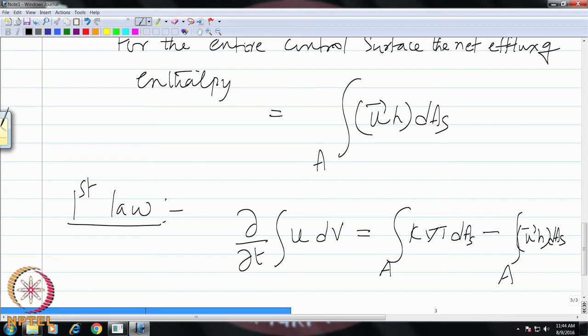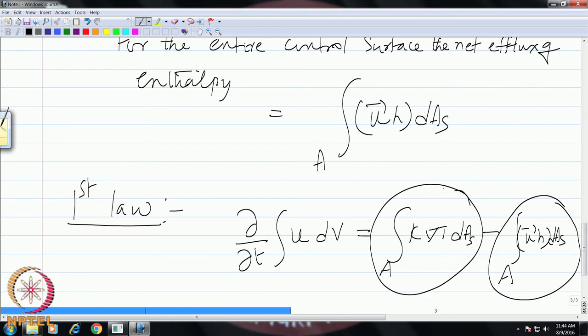This particular term is your net efflux, which is leaving the entire control surface, so we have a negative sign. This is purely the heat transfer due to conduction, and this is your advective heat transfer.